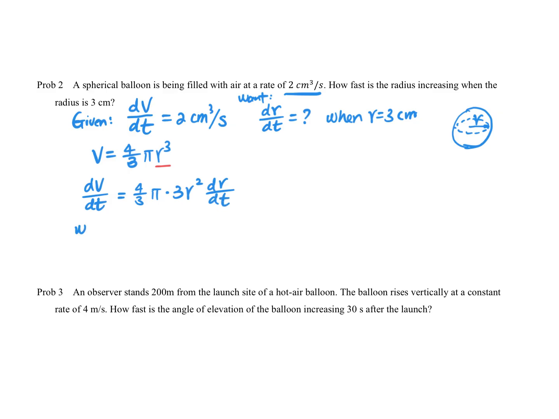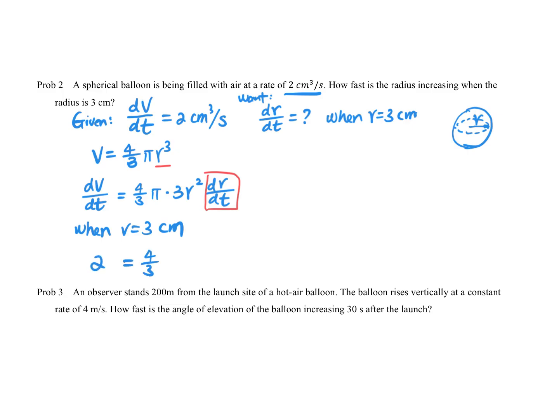And then when r is 3 centimeters, we want to figure out this guy, right? So let's plug in the information for the other known quantities. We know dV dt, so we can plug in 2 here. We know r, we can plug in 3 here. Now we have 2 equals 4/3.